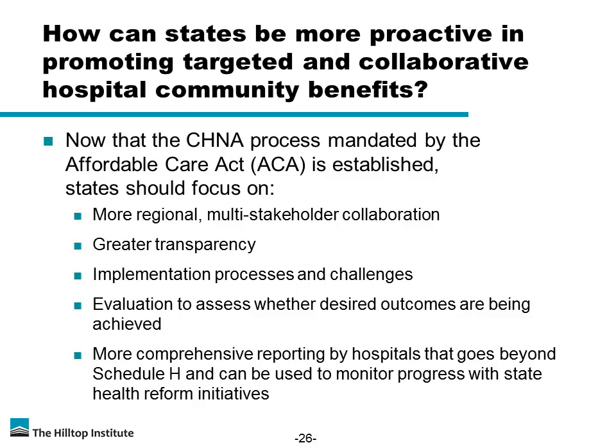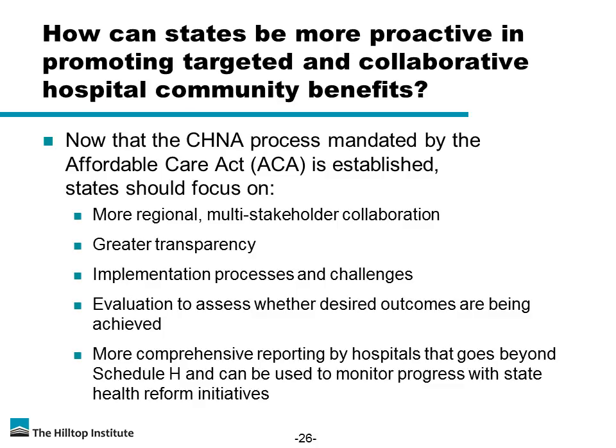So how can states be more proactive in promoting targeted and collaborative hospital community benefits? We've already talked about some of the ways, but just to summarize, now that the process mandated by the Affordable Care Act is well established, I think we're seeing that hospitals are getting on a routine now of doing the CHNA development and implementation.